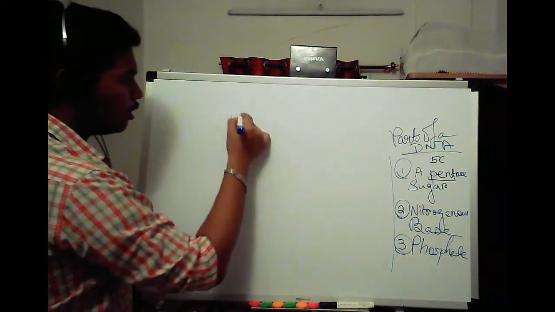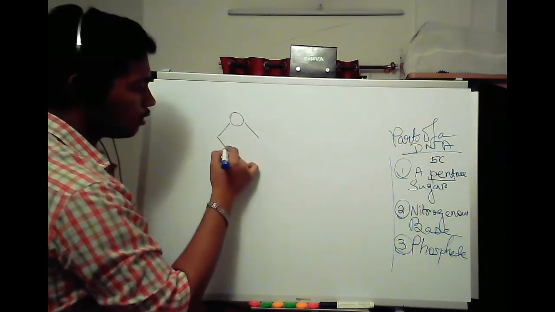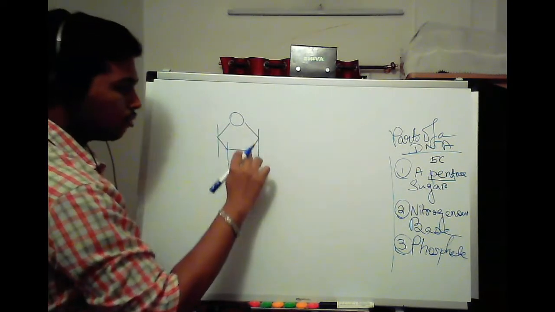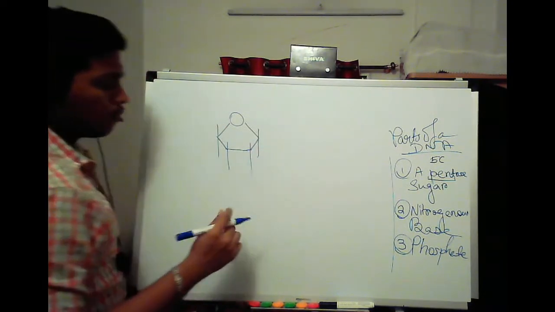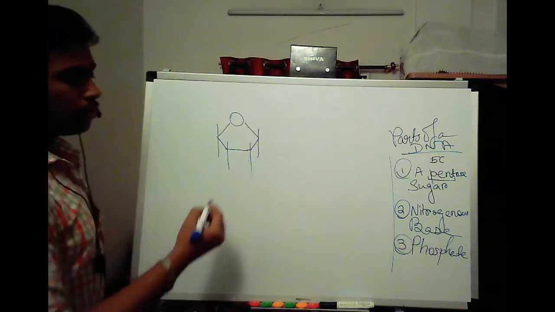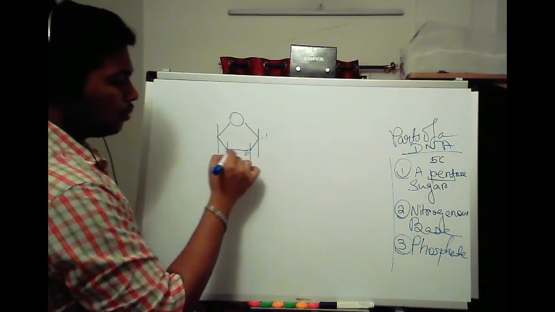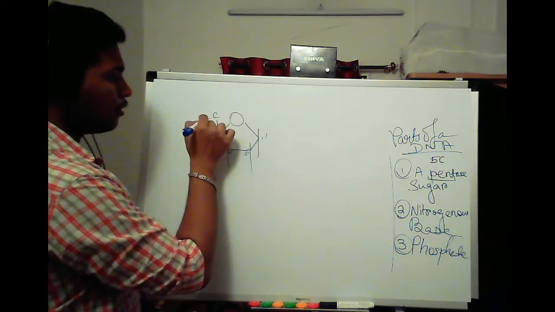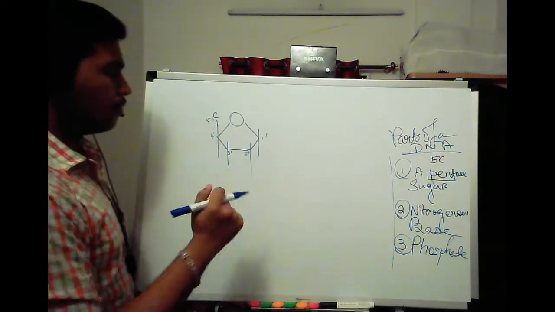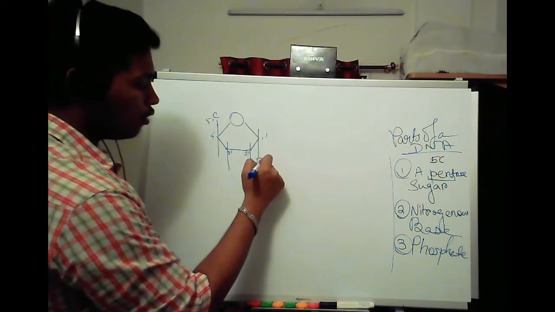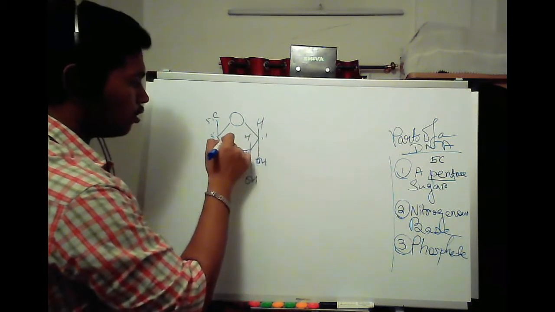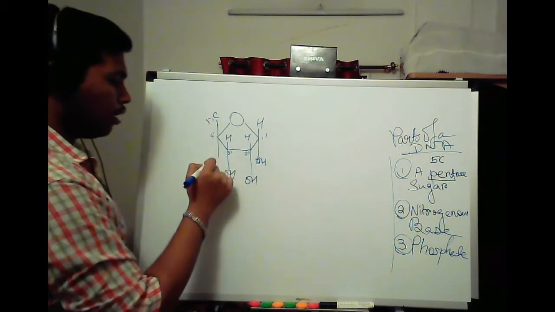Generally, a pentose sugar looks like this. 1 prime, 2 prime, 3 prime, 4 prime, and C over here 5 prime. OH over here. H, OH, H, OH, and H over here.